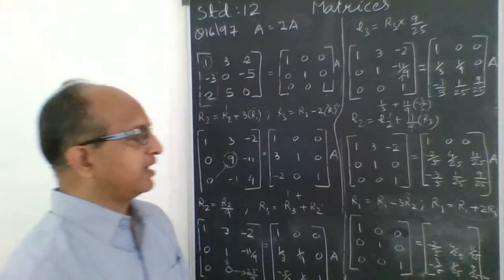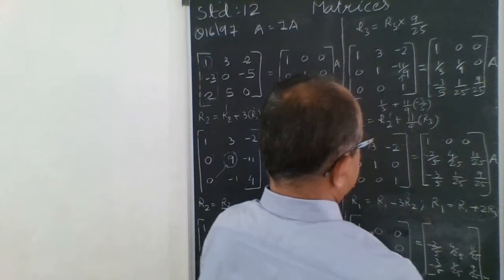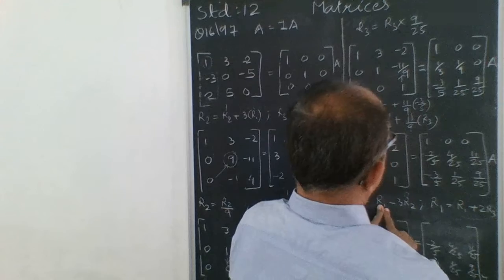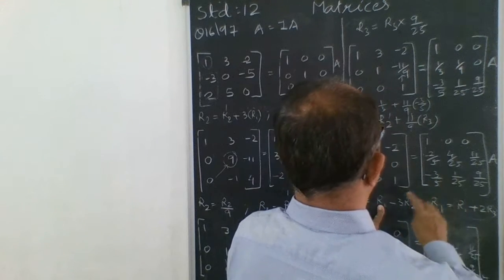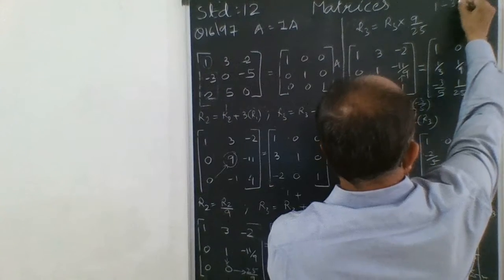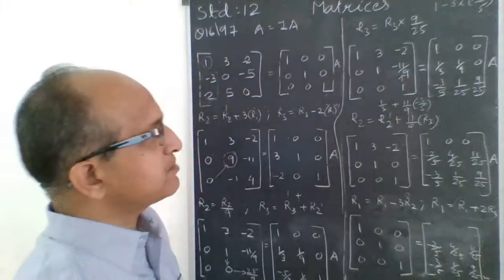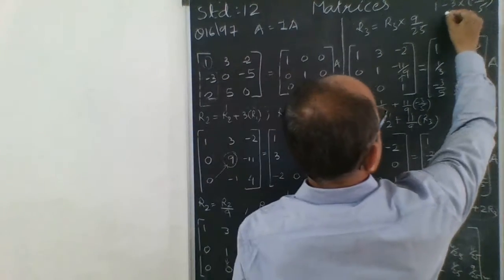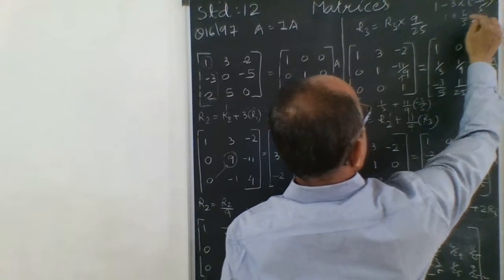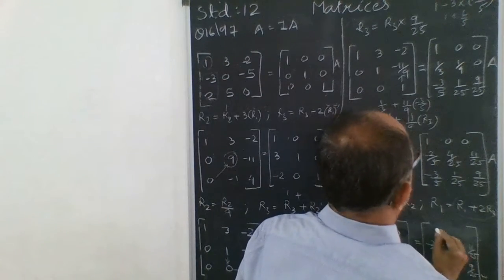So here now this is C. Same process we have to do. R1 is equal to R1, what is here, 1 minus 3 into R2, minus 2 upon 5. So it becomes plus 1 plus 6 upon 5, so 11 upon 5.